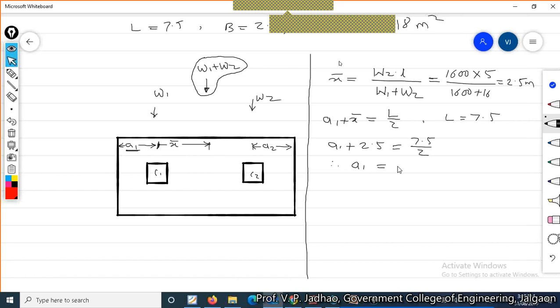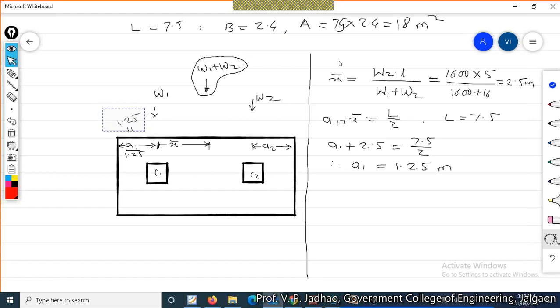That will be 1.25. A1 is equal to 1.25 meter. So we have got this A1 as 1.25 meter.